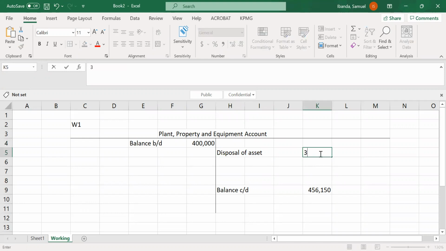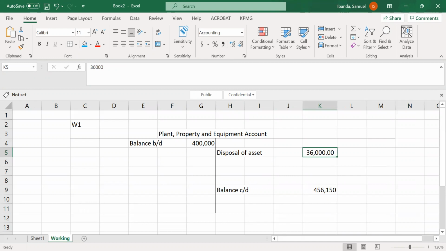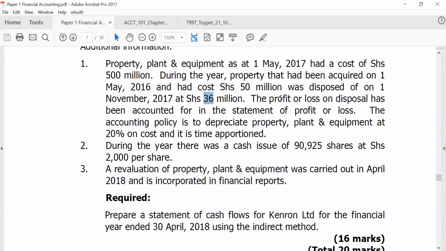Its net book value was 36,000. So that is the first thing that I'm trying to do. So this is one of the reasons why we had a change. Now, in addition to that, again, they're telling us the profit and loss on disposal has been accounted for in the statement of P&L. So we are going to look for that as well.